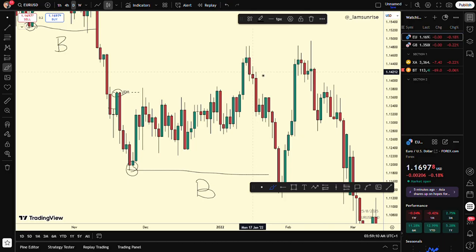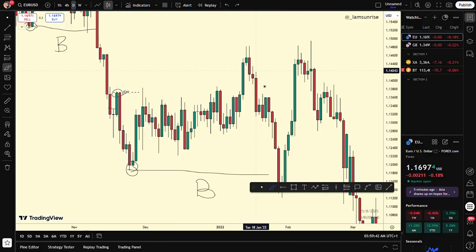Candle high was protected, candle low was protected. This candle broke it, candle low was taken out, but candle high was not taken out. Remember, candle high should be taken out first since we are going to the downside. Only candle low was taken out, so we cannot mark here as our inducement.